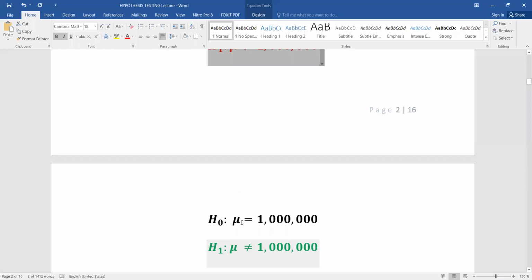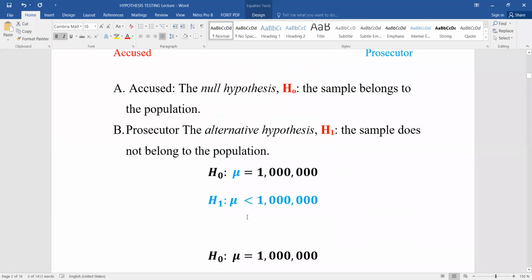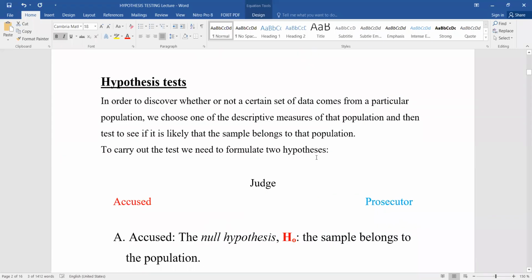Again, this works on a scenario where we have the judge, the accused, and the prosecutor. The accused will have their witnesses or their evidence. The prosecutor will also have their evidence or their witnesses.